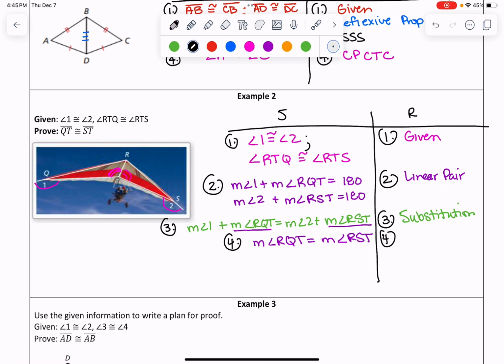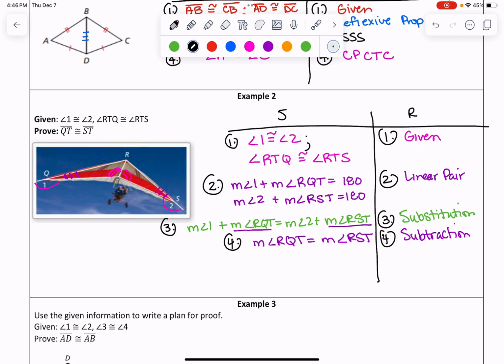I subtracted off 1 and 2 because in the given they told me 1 and 2 were equal to each other. I now have a second pair of angles that are equal to each other.